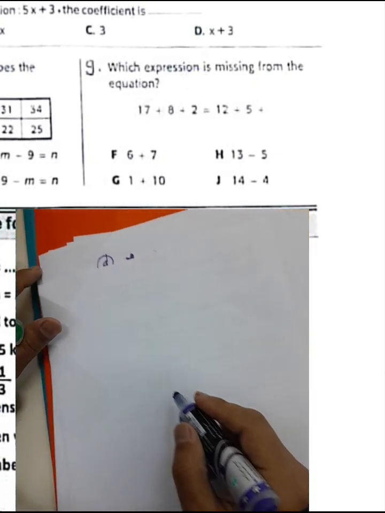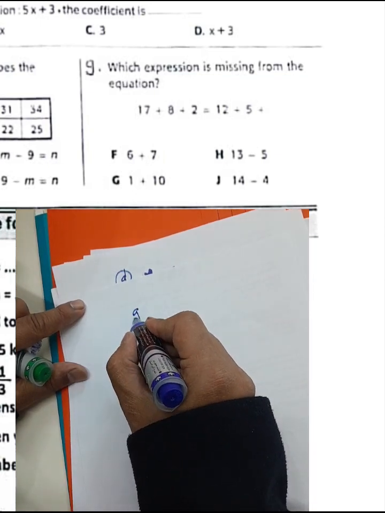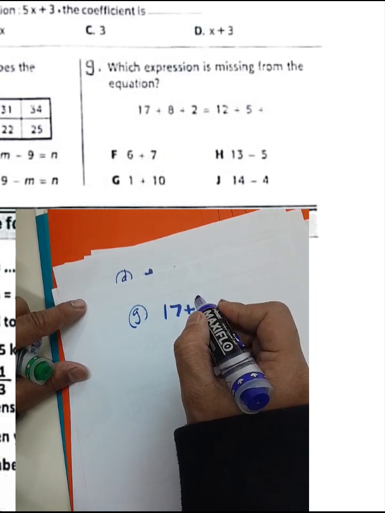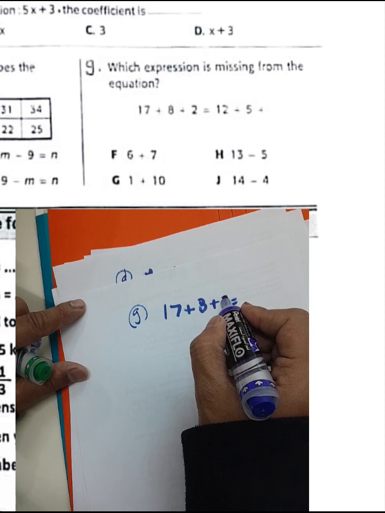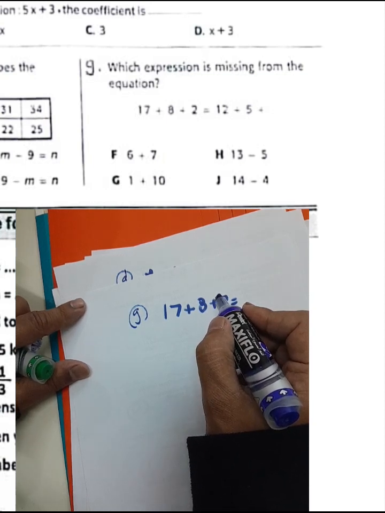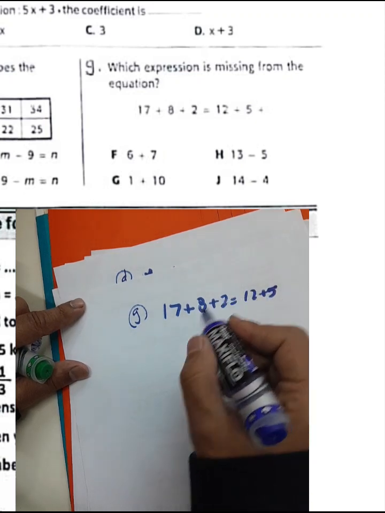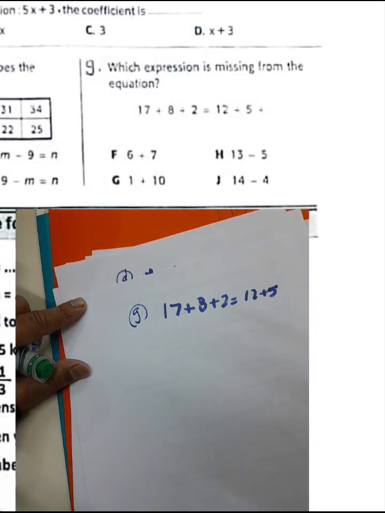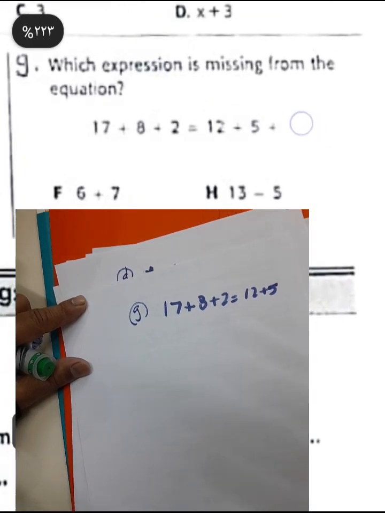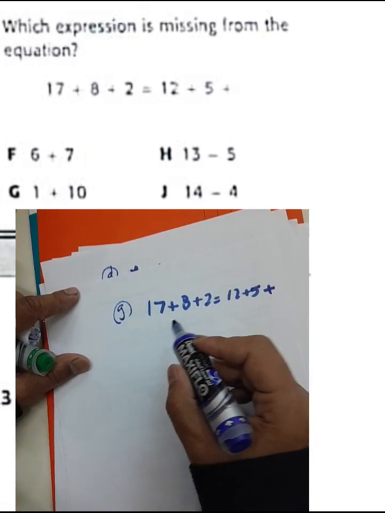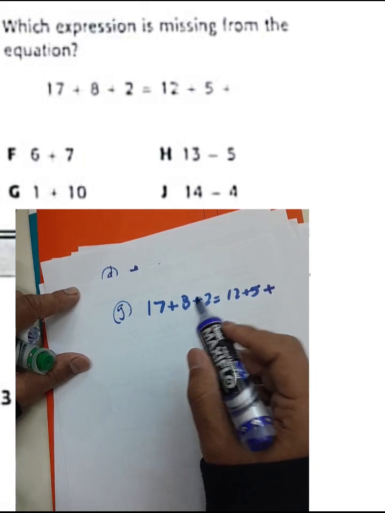Question letter J, which expression is missing from 12 plus. We have 17 plus 8 plus 2 equals 12 plus 5 plus a space.